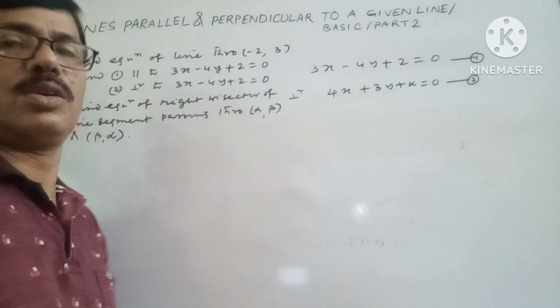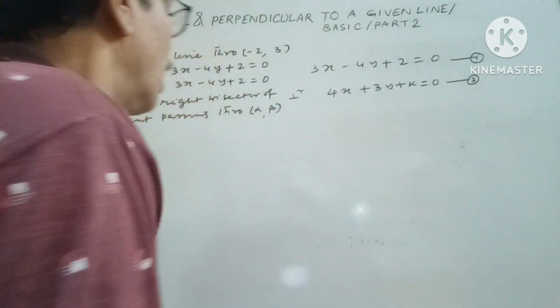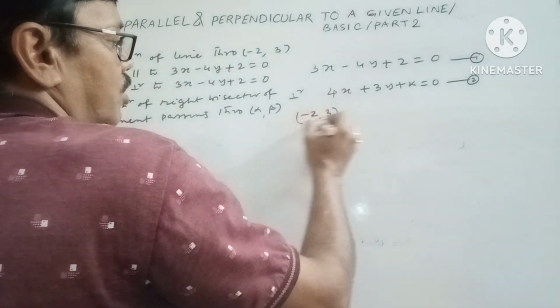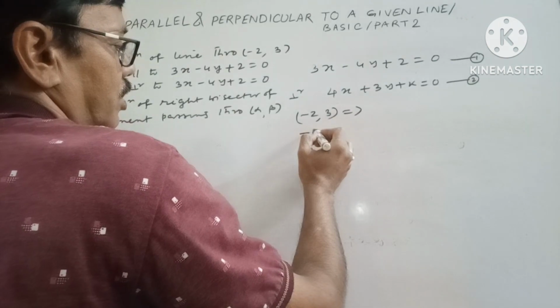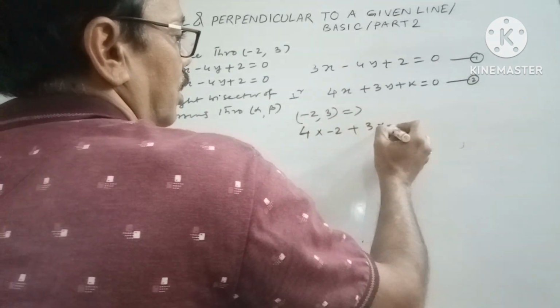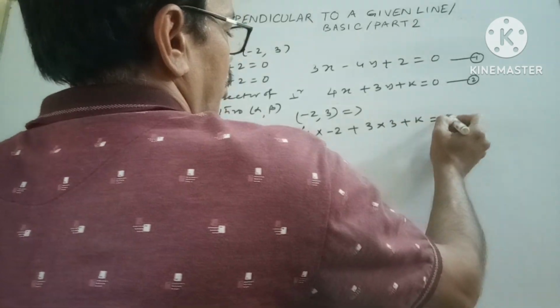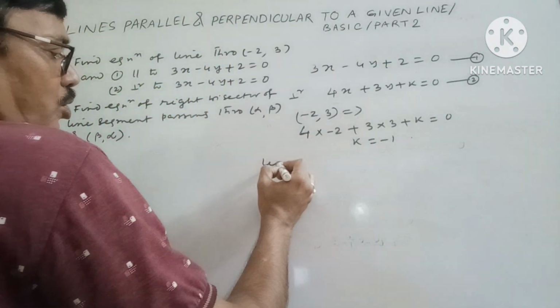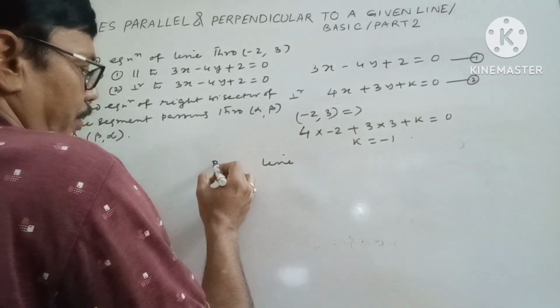So this is a 1 or 2 marks problem. Since it passes through (-2, 3), we get 4 into -2 plus 3 into 3 plus k equals 0. So k equals -1. So what is the required line?